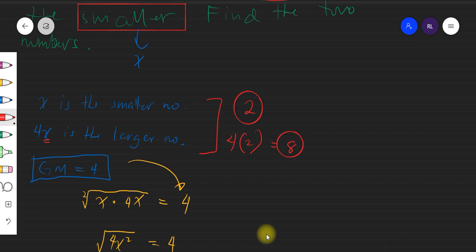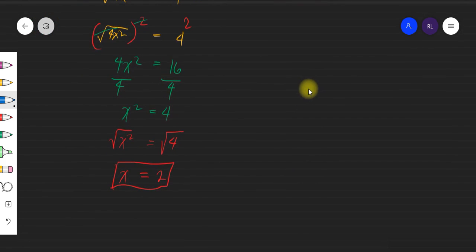Therefore, our two numbers, because we're looking for the two numbers, are 2 and 8. So we can just write it down here: the two numbers, which of course are positive, are 2 and 8. So, next problem.